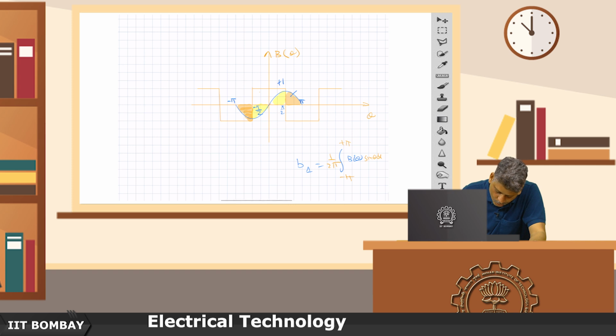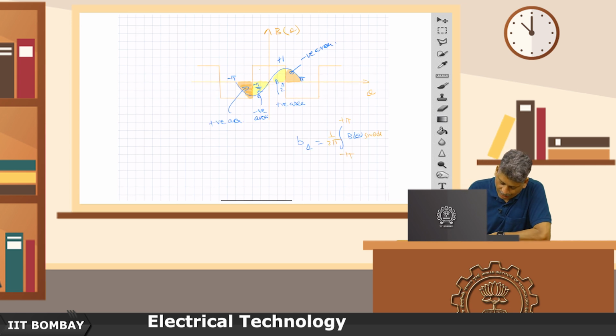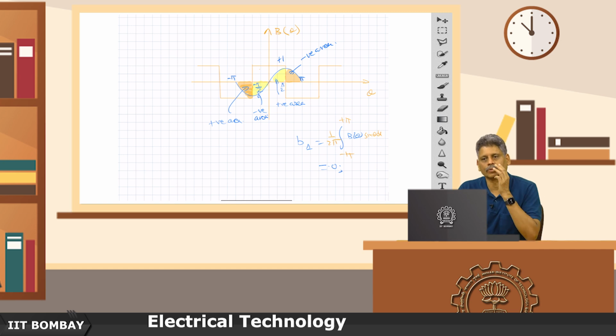So, they give you a negative area here, this gives you a positive area, exactly the same thing, and this gives you the negative area. And all these areas are equal. So, the total sum of the negative areas is equal to the total sum of the positive areas, and therefore, B1 turns out to be 0.